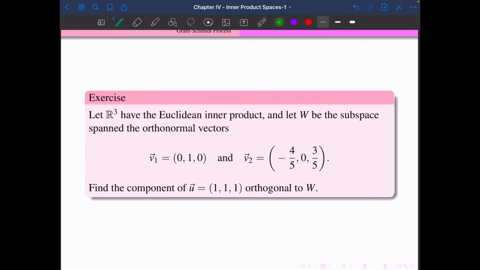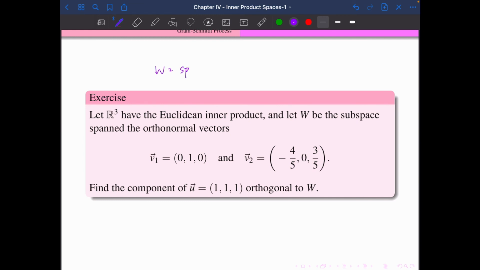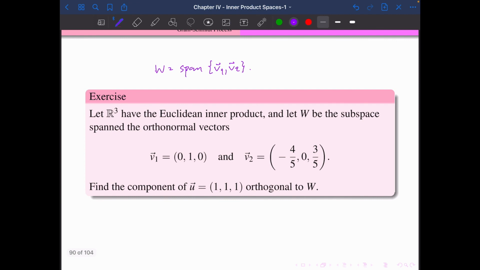Okay, we let R3 have the Euclidean inner product, and W will be the subspace spanned by the orthonormal vectors v1 and v2. The question is to find the component of u orthogonal to W. What does it mean? W is the span of v1 and v2, and we need to find this vector.